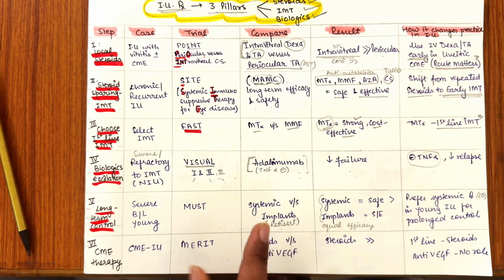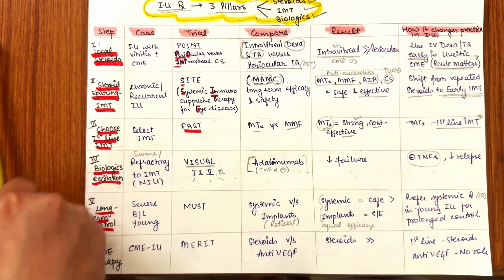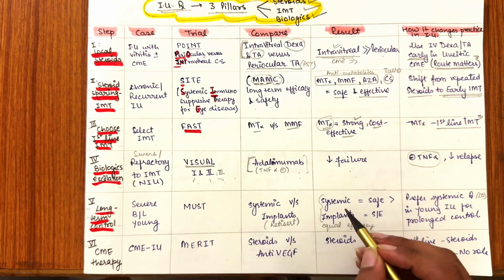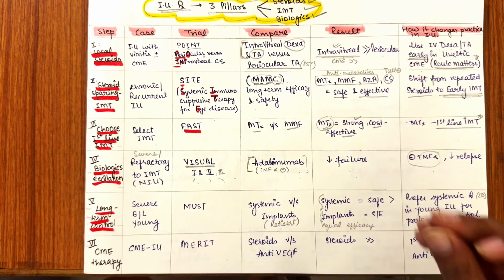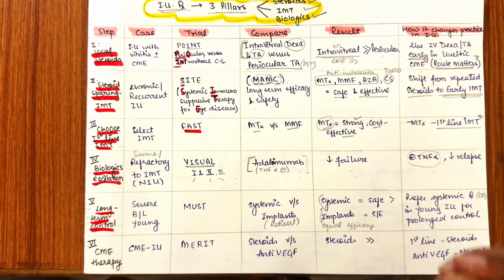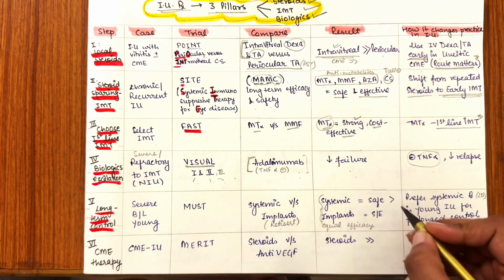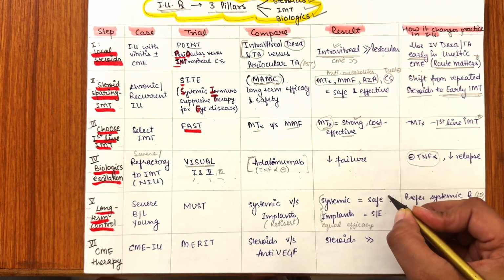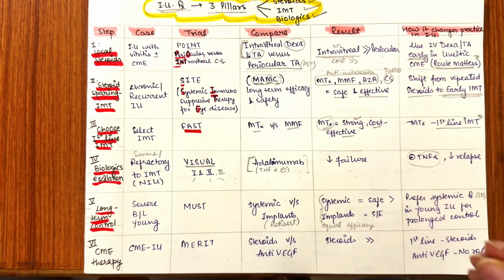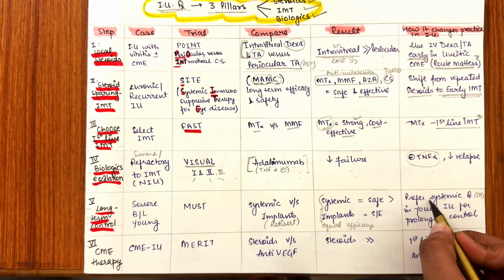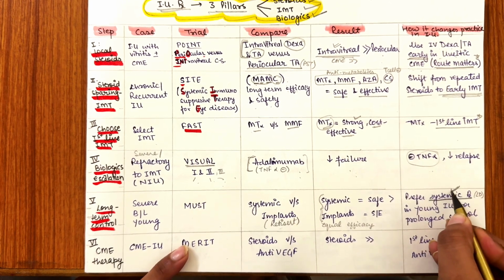The implant was mainly Retisert, a fluocinolone implant, and it said that both had equal efficacy, but the only difference was in side effects, that implants had more side effects as compared to the systemic drugs. So if the patient wants long term control and is young, go for systemic treatment.